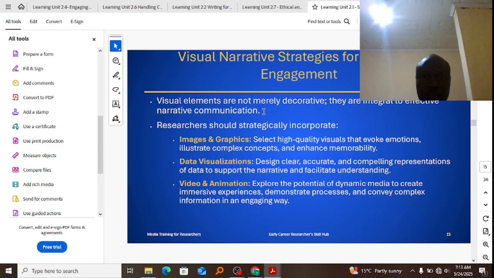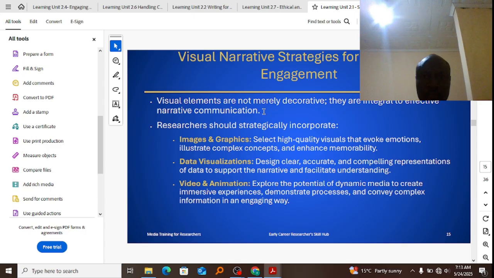Data visualizations: design clear, accurate, and compelling representations of data to support the narrative and facilitate understanding. Video and animation: explore the potential of dynamic media to create immersive experiences, demonstrate processes, and convey complex information in an engaging way.